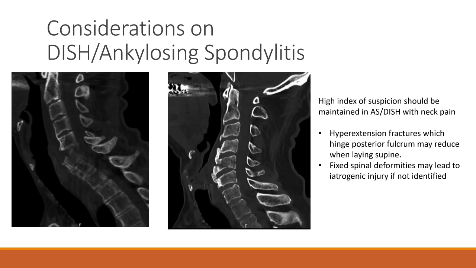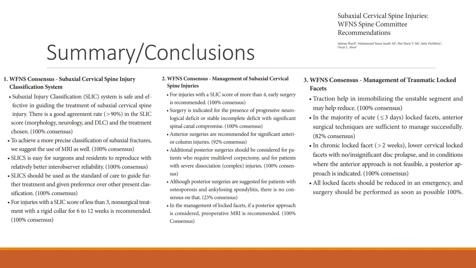Now the wall of text regarding essentially all of the indications and conclusions that were described earlier. For the sake of time, I'm not going to read off every single one, but it essentially endorses the use of the SLIC classification for the guidance of subaxial cervical spine injury, the benefit of MRI, and then the stratification of the SLIC score as described earlier, with surgery being considered for those greater than 4 or when determined to be candidates at 4.